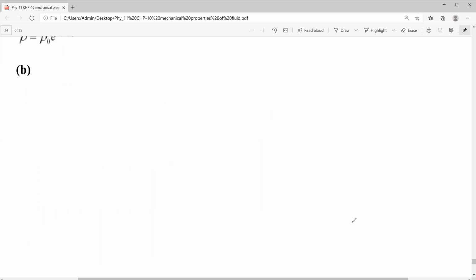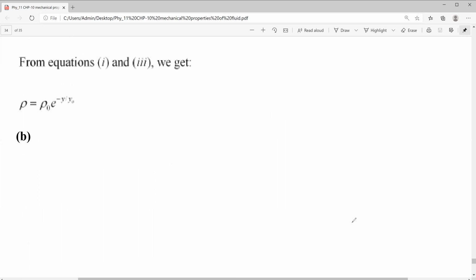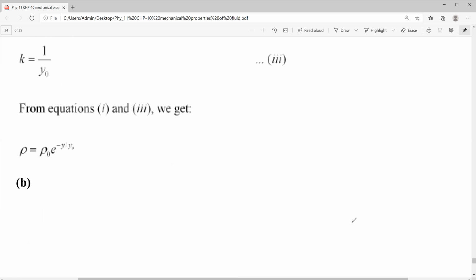From the integration method, which you can understand clearly after learning the integration process. After integrating, we got rho is equal to rho naught e raised to minus y by y naught.